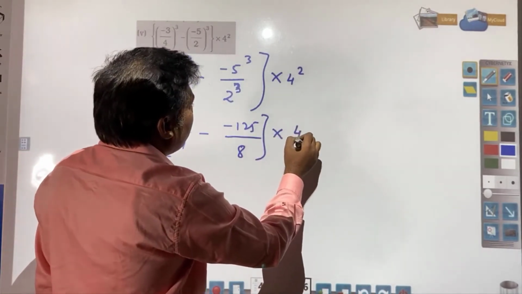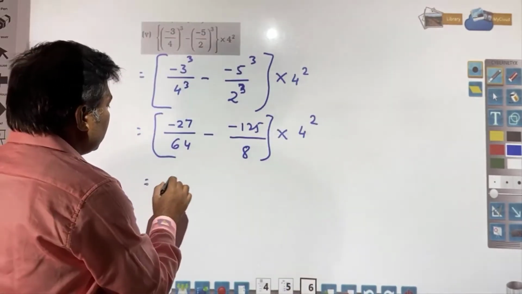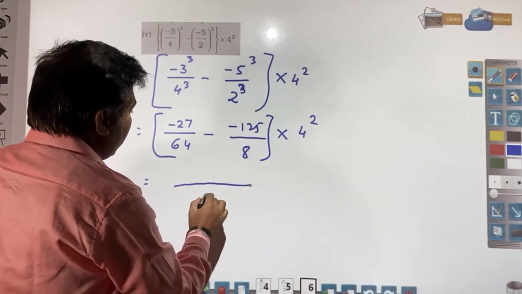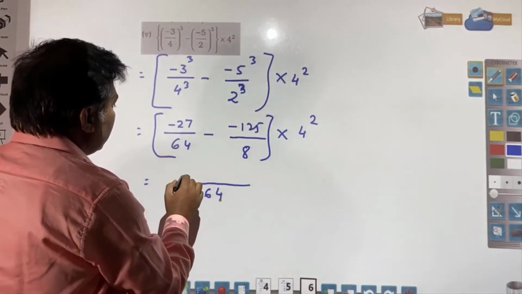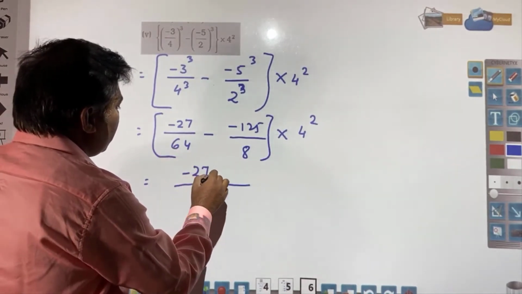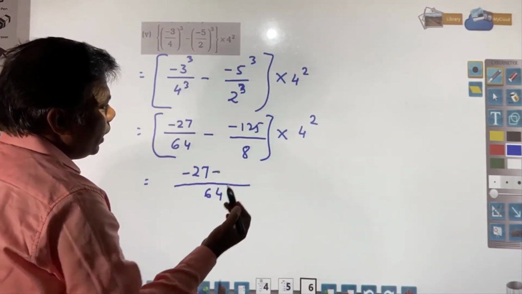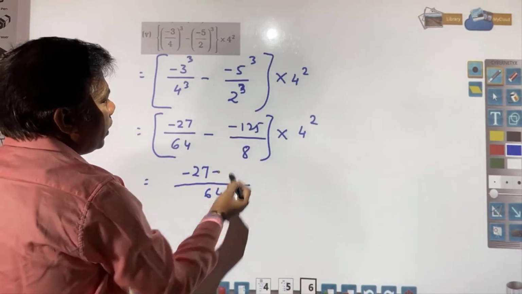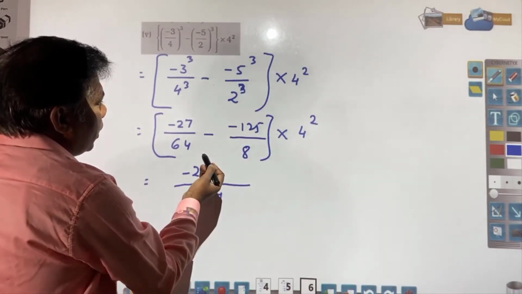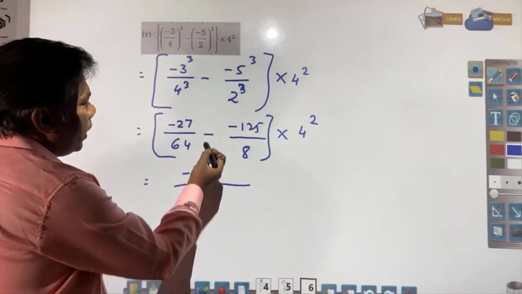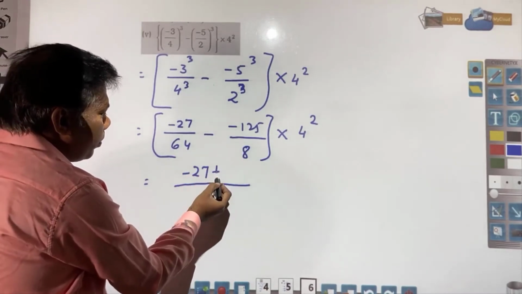Into 4 to the power 2. This will be LCM. You will have 64 and here you will get minus 27, minus, if you multiply 8 by 8 it is 64, and 8 will be multiplied by 125, that will become 1000, and this minus and minus will become plus over here.